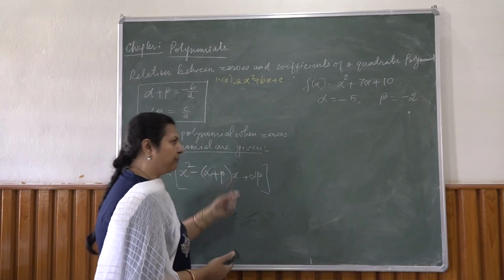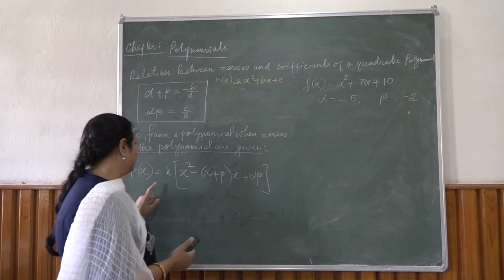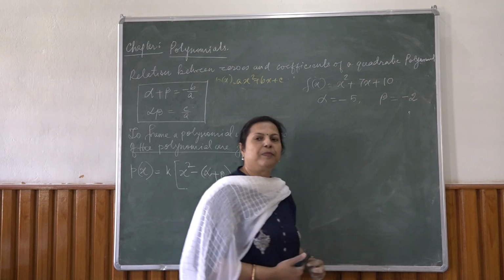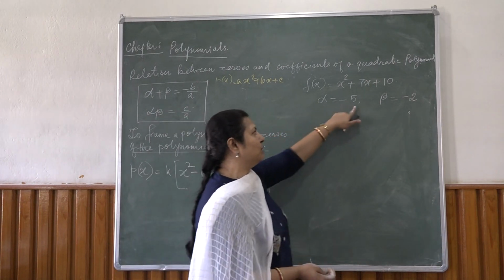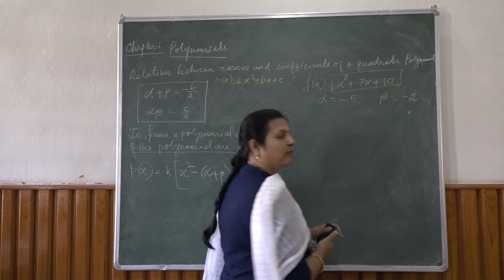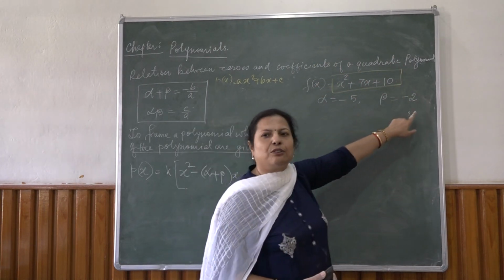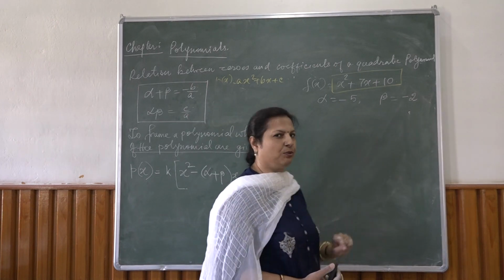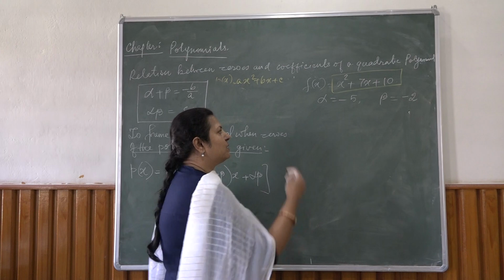Now this is a familiar polynomial, you know its zeros, you also know the polynomial. Now let us verify the relation for framing the polynomial when the zeros are given. Let us consider we only know this and we do not know the polynomial. We only know that the zeros of a quadratic polynomial are minus 5 and minus 2. Find the polynomial. So what would that be?